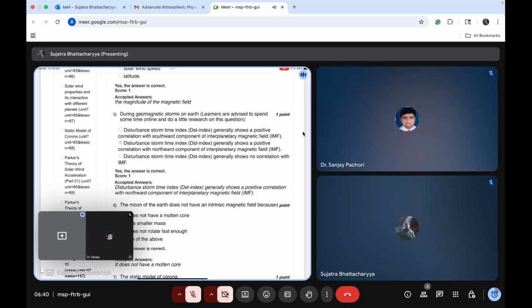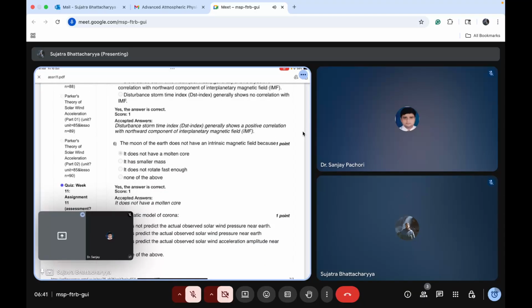The northward component of the interplanetary magnetic field has a good linear relationship. It shows a good positive correlation between the disturbance storm index and the interplanetary magnetic field. I cannot give much detail here because I don't have much idea about the research, so you have to give it some time and try to understand this.